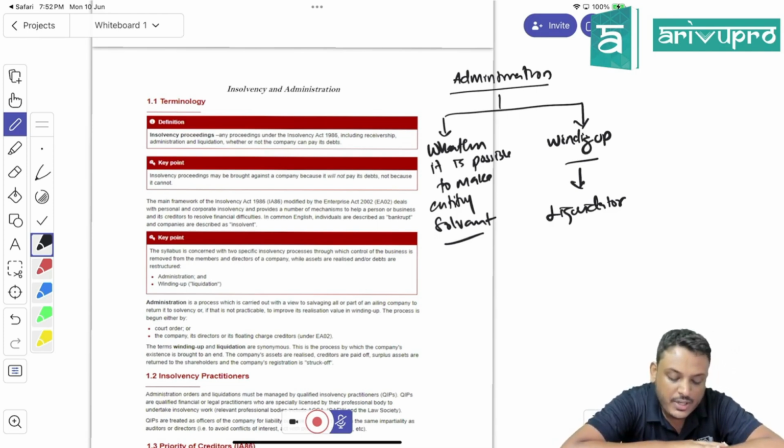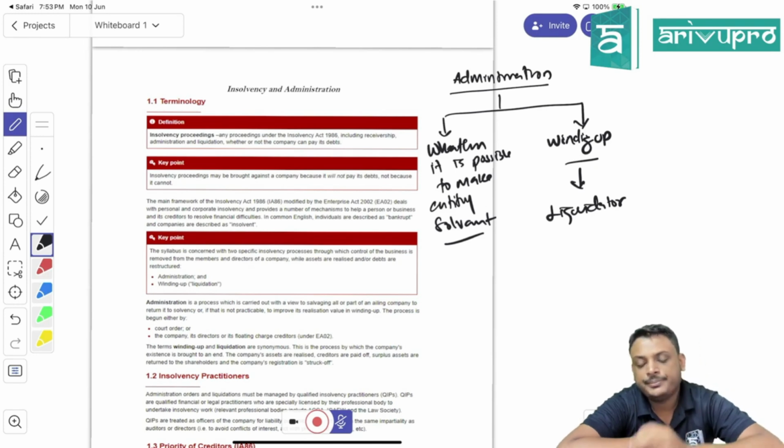The term administration includes: to assess the ability to make the company solvent, or winding up.